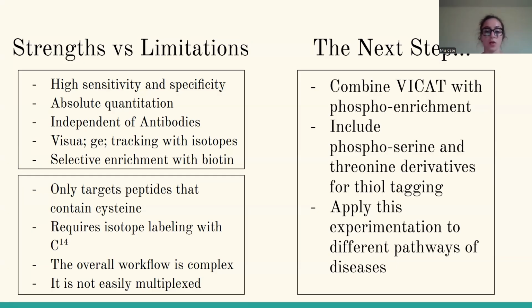But while not without its drawbacks, VICAT represents a very significant advancement over traditional antibody-based methods such as the Western blotting, which we compared to, and untargeted mass spec methods. It has precision, reproducibility, adaptability, and it validates proteins at low abundance. And so future versions could enhance these strengths and benefits and try to target compatibility and support this in a higher throughput environment.